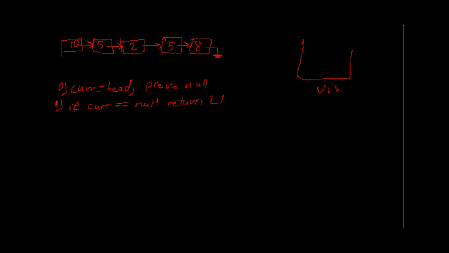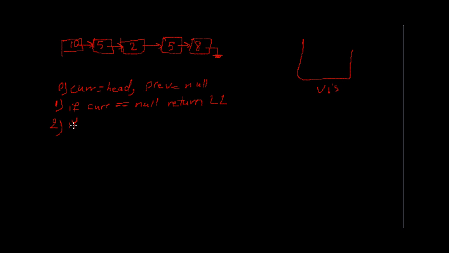Return the result that you have found. Otherwise, go to step 2. If you return, then we're not going to execute any of these steps, so it's safe to not say else. So if current is equal to null, we know that we have reached the end of the linked list and want to return the result that we have found so far.